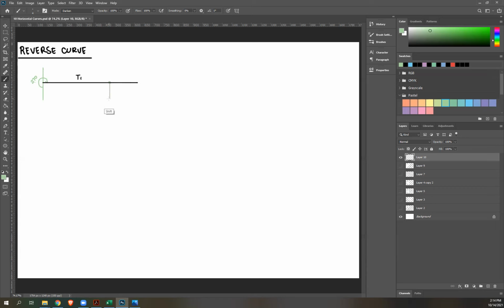And over here, draw 300. And like that. This is your 300. And then measure out roughly the same length again as T1. So maybe here. And then this is your T1.